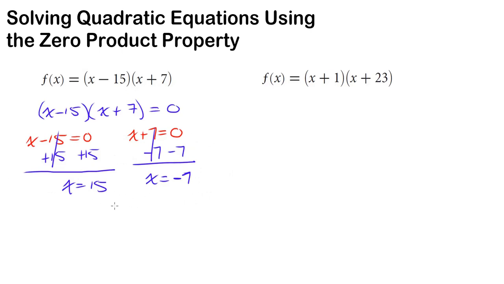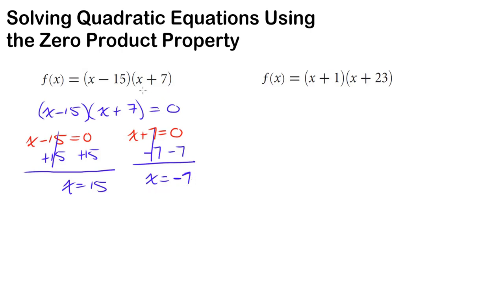Now, if you look very carefully up here, you can see that there's a pattern that emerges. Notice our first binomial is x minus 15, and the answer here is x equals positive 15. Now, why is that? Well, think about, what do I have to add to negative 15 so that I end up with 0? Well, that would be positive 15. And over here, where x plus 7, our solution is x equals negative 7.